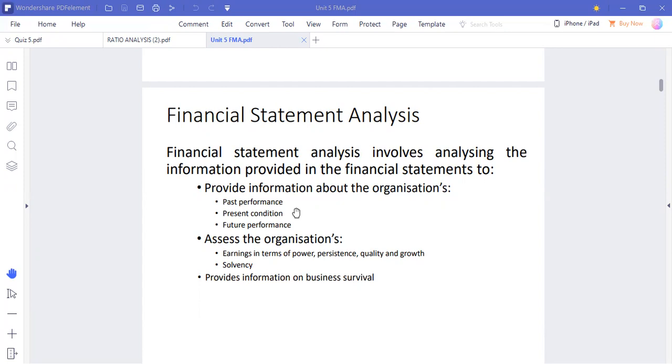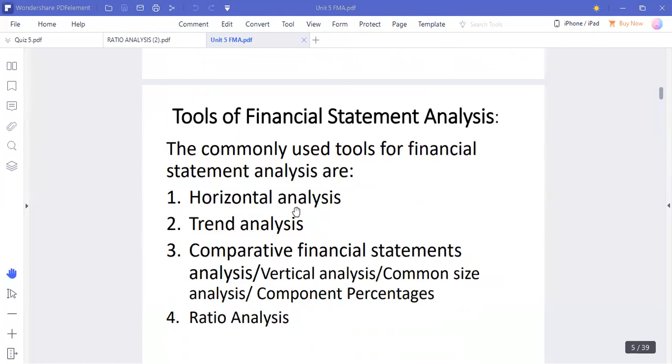These ratios will also help us come up with the solvency. How is this firm able to meet its debt obligations, whether short-term or long-term? It is also important because it helps to provide information for business survival.